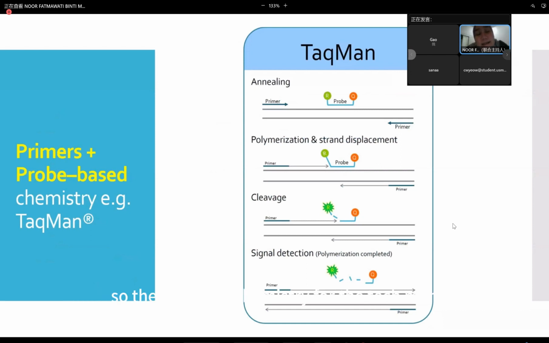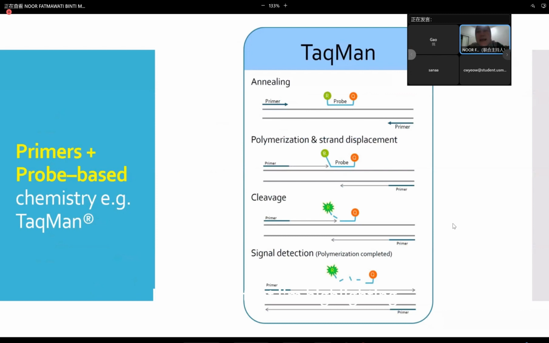So this is the chemistry for TaqMan. I know when you said there are several chemistries, like molecular beacon and whatnot, every type of that works in a different way.